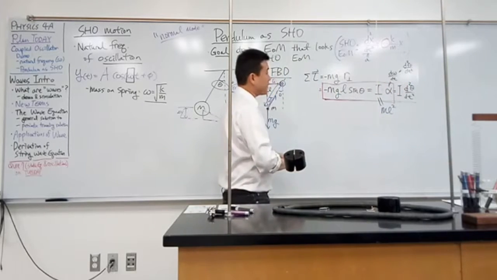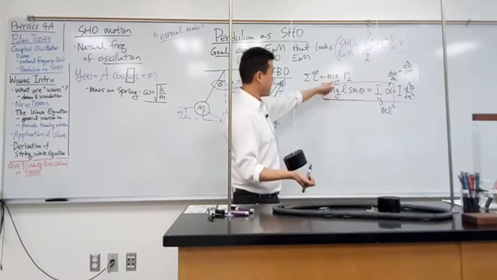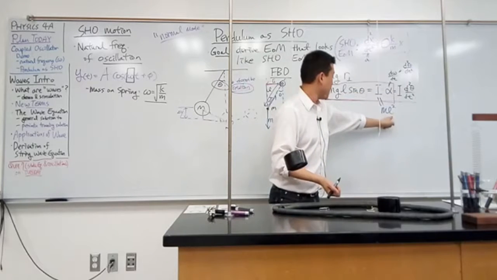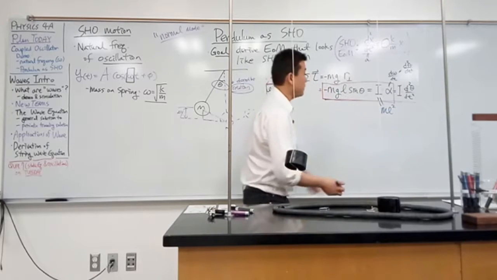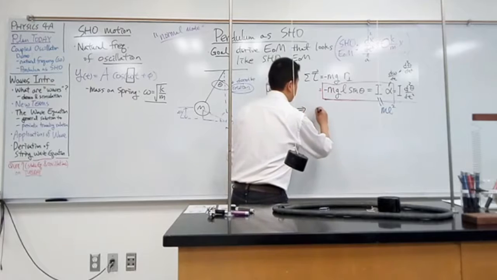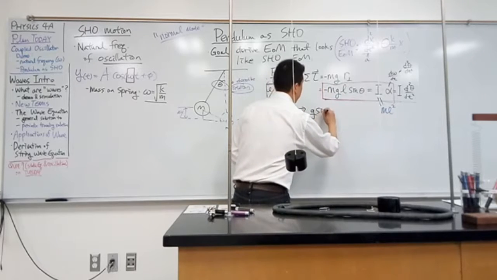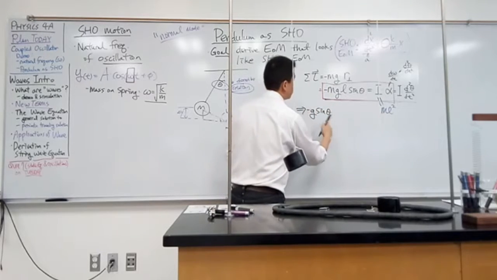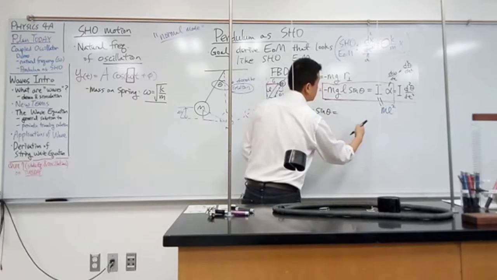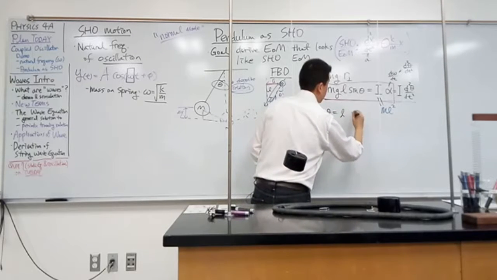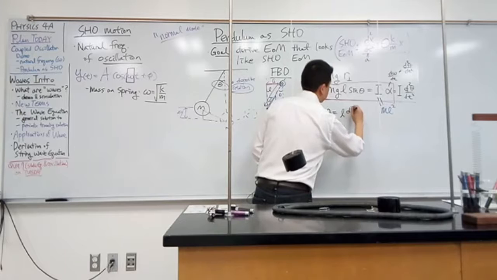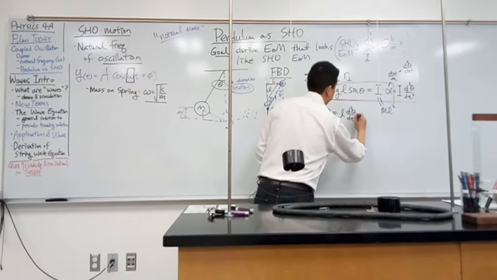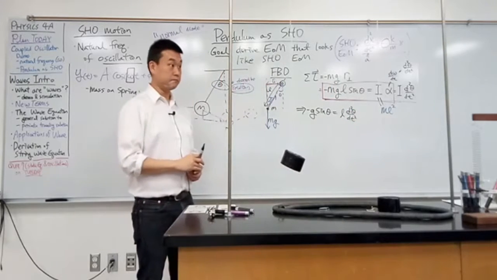Let me write down the version with the things canceled out. Masses cancel out, and the L squared cancels out one over L. So you end up with g sine theta, minus g sine theta is equal to L times the second time derivative of theta. Okay.